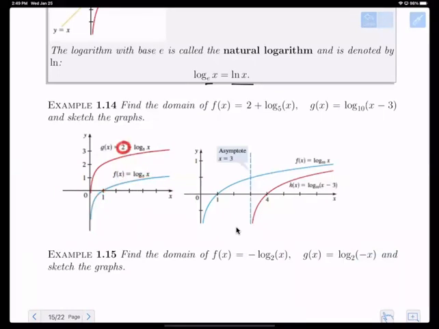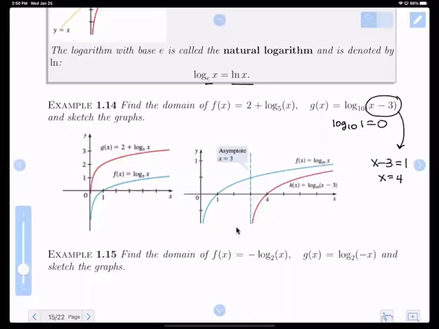Adding 2 to it moves everything up 2 units. I want to make the inside equal to 1, because log of 1 equals 0. So x minus 3 equals 1, x equals 4. You see this number 4 here. Shift to the right.